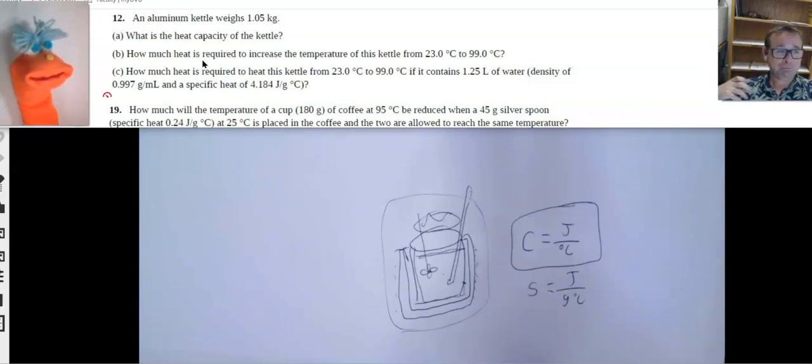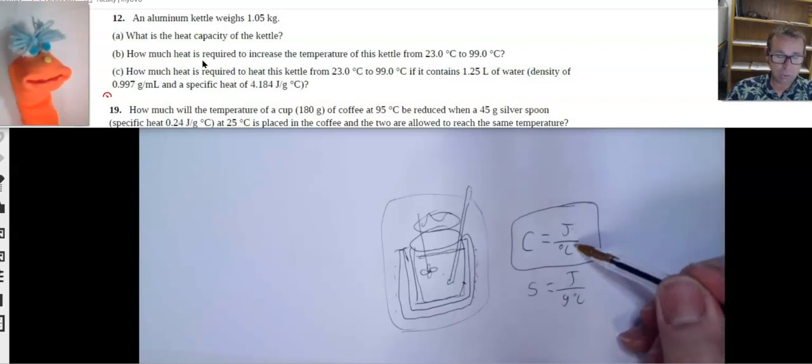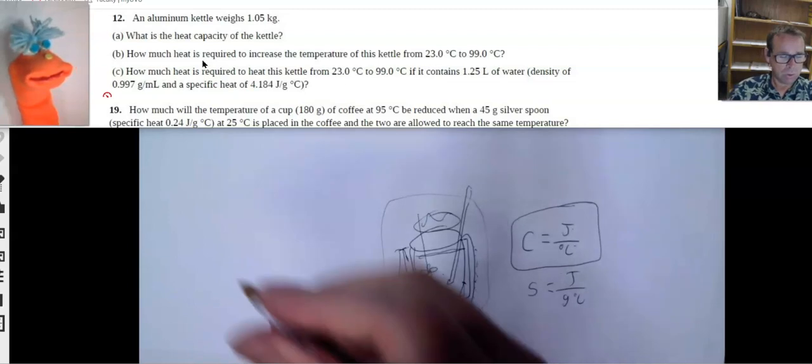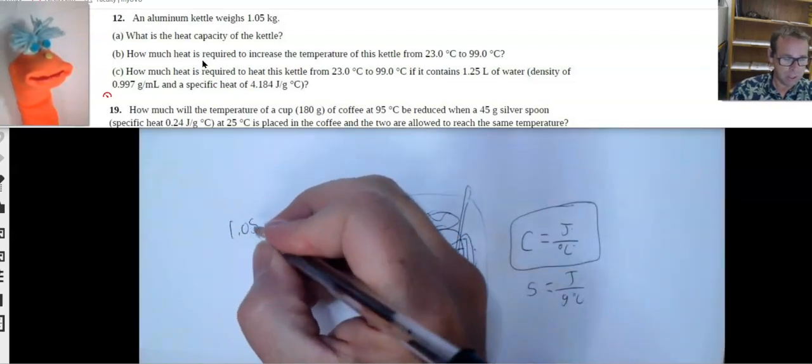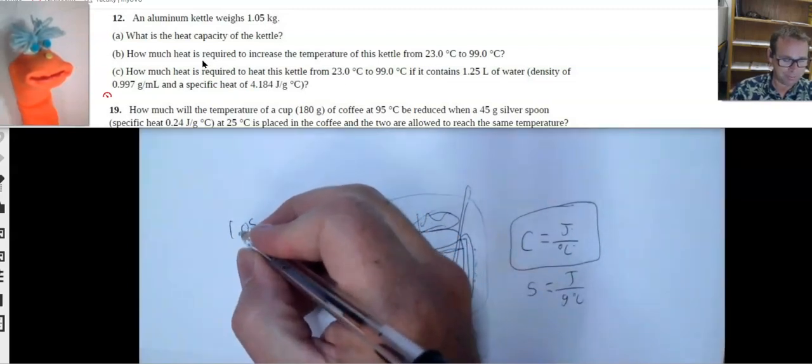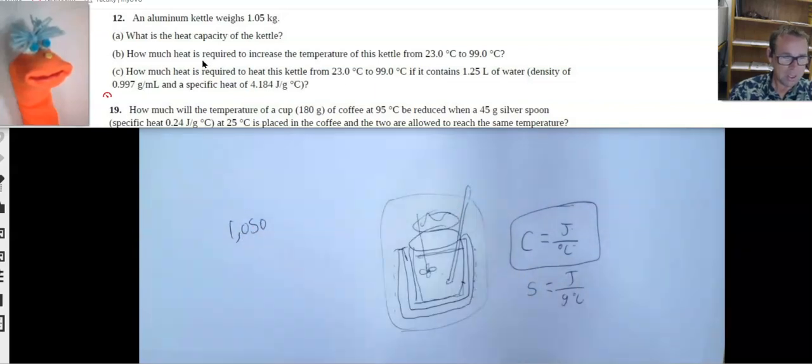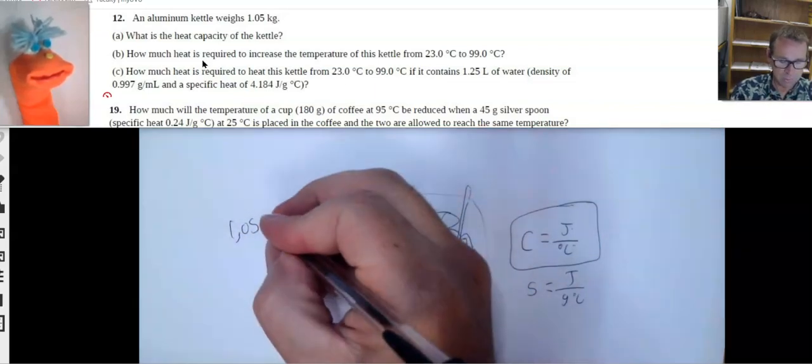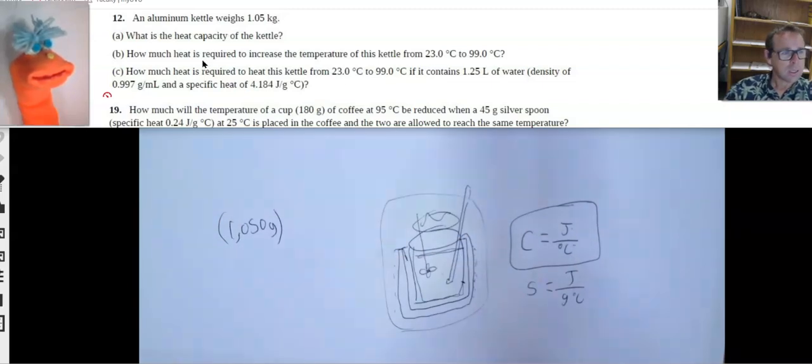But that's all right. We can call it heat capacity and just have units of joules for every degree Celsius. We're told its mass is 1.05 kilograms. I'm going to change that to 1,050 grams. Okay. The heat capacity, an aluminum kettle, what is the heat capacity of the kettle?